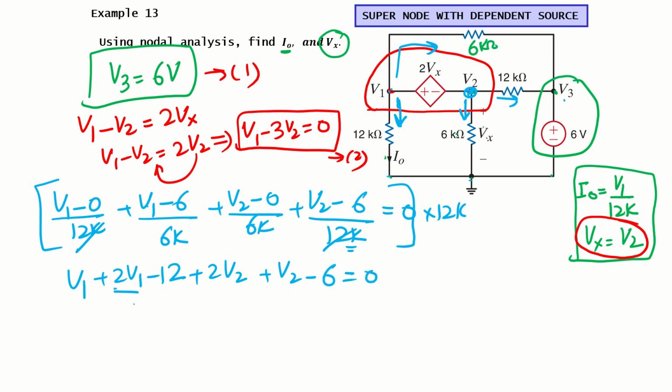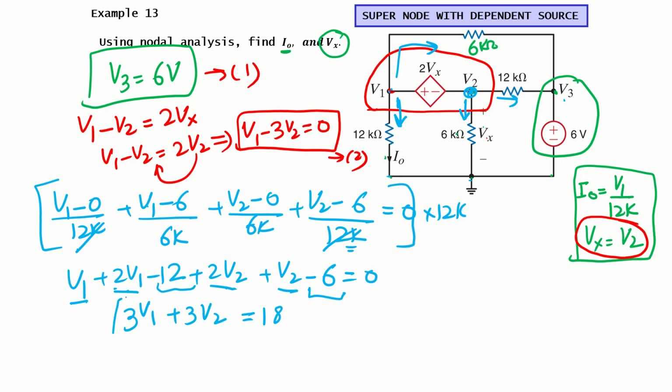Rearranging, V1 plus 2V1 is 3V1, 2V2 plus V2 is 3V2. Then we have minus 12 and minus 6, that is minus 18, which goes to the other side and becomes 18.